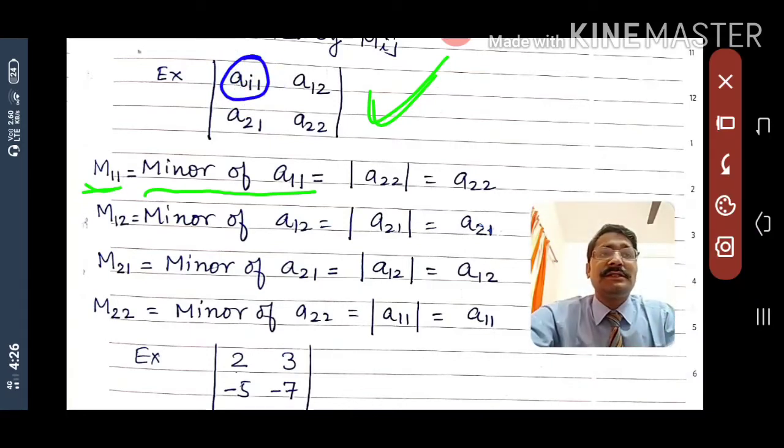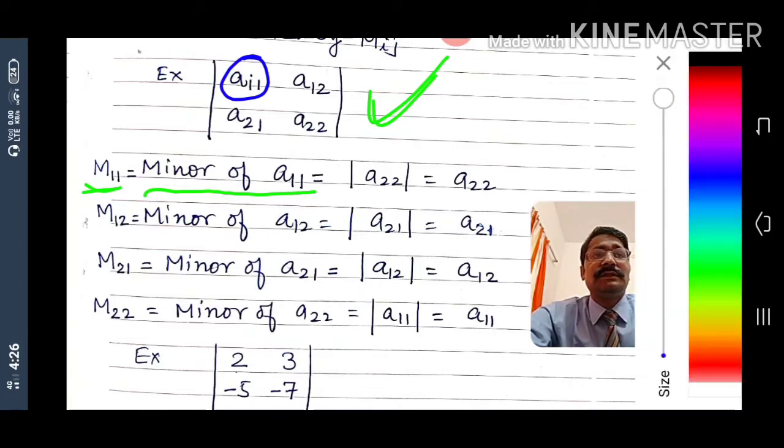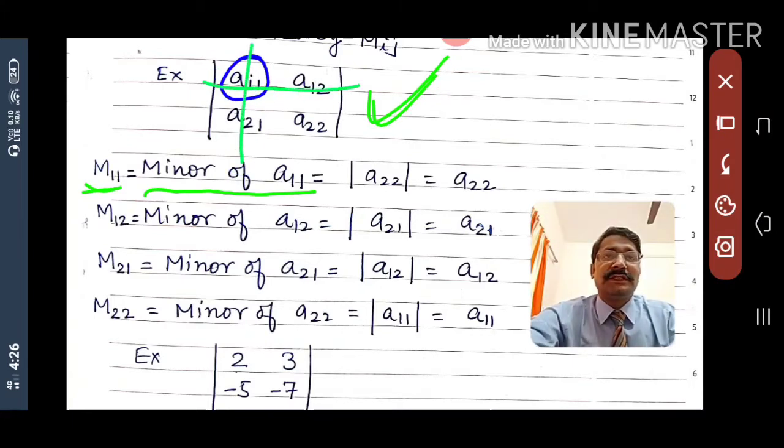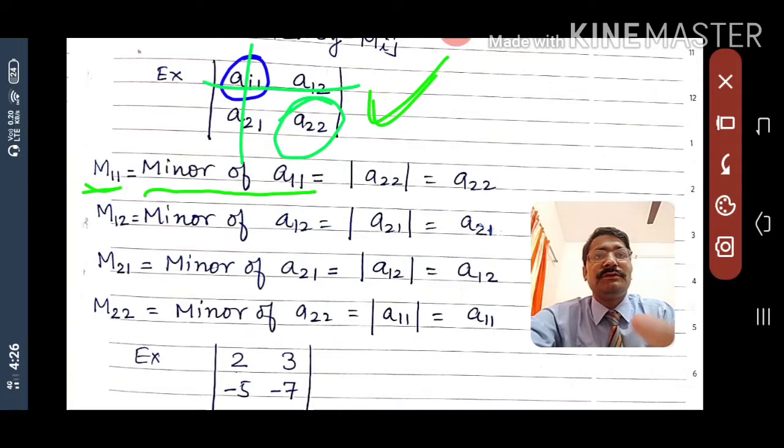And in this, what will we do? We will delete the row and column in which a11 is present. So what remains? a22 is present, and the determinant of a22 gives a22. So the answer is a22. Here this is a determinant, not a modulus sign.